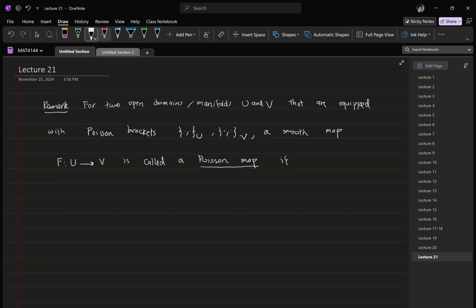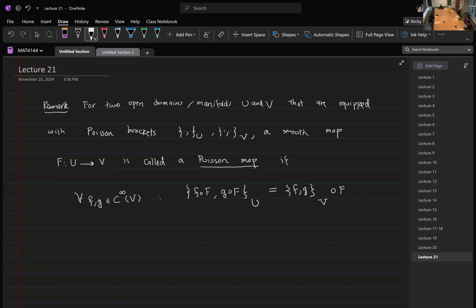if given two functions, say f and g, from V to R, well, we can compose these functions with this capital F, and we obtain functions on U, and therefore we can compute their Poisson bracket with respect to the bracket on U, which means we get a function from U to R. And we would like this to be the same as the function obtained by first doing the Poisson bracket with respect to V and then composing with F. Okay, so this is what we call a Poisson map.